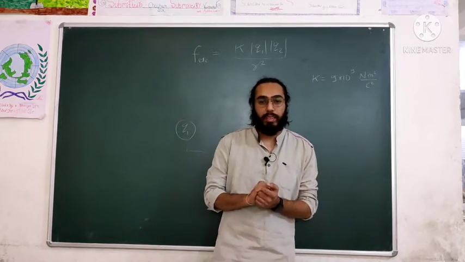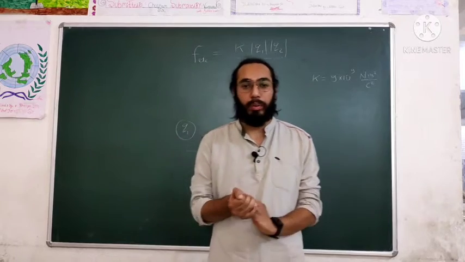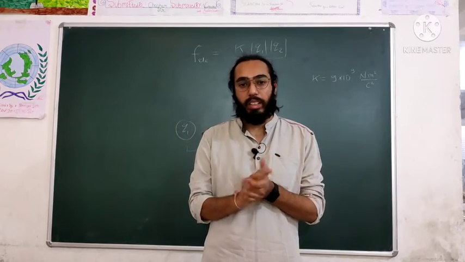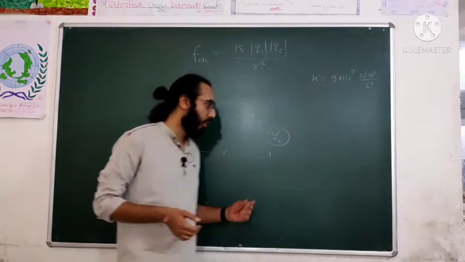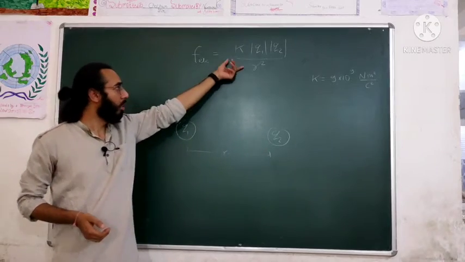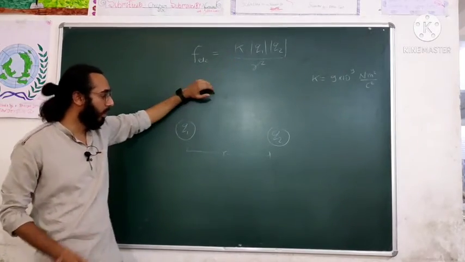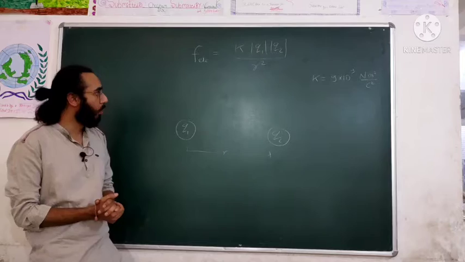So in the previous lecture we saw how force acts between two point charges, Q1 and Q2, and the formula of Coulomb's law, Q1 Q2 upon R square.